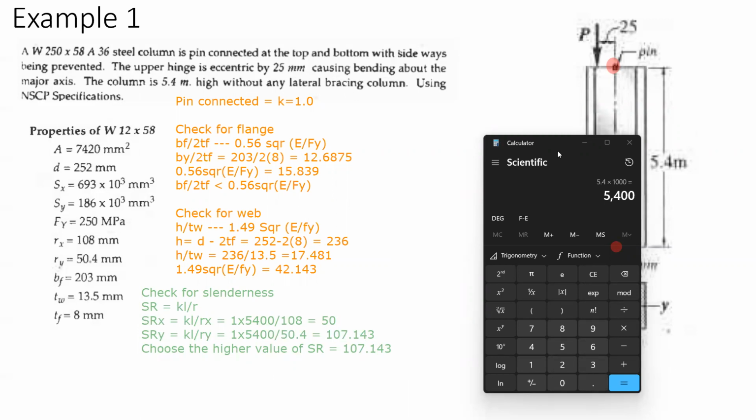Ayan. Okay. And then let's solve for FE. So FE would be equal to pi squared E over your slenderness ratio squared. So this would be pi squared times 200,000 divided by 107.143 quantity squared.